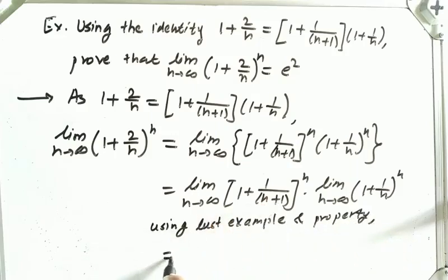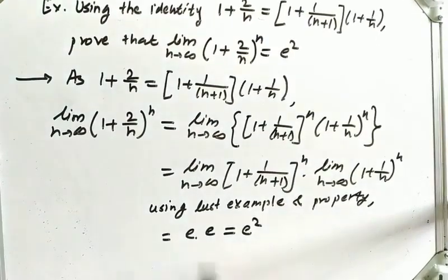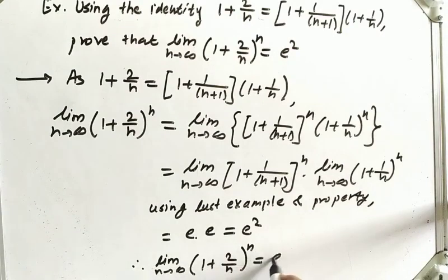This limit is equal to e into this limit, which is e. So finally we get e square. Therefore, at the end we can write, limit n tends to infinity of (1 plus 2 upon n) raised to n is equal to e square.